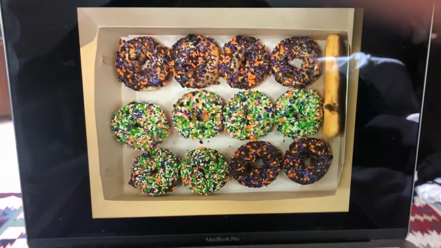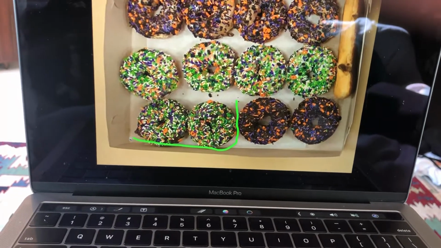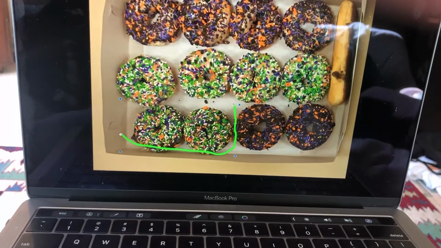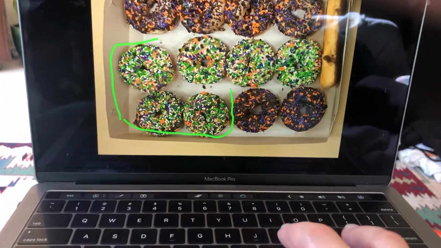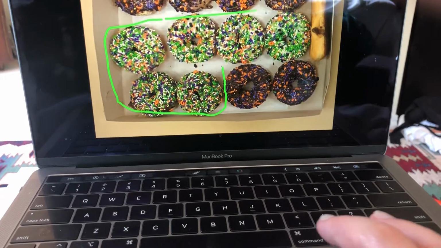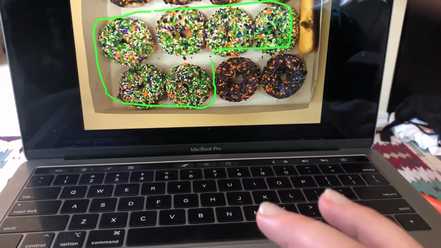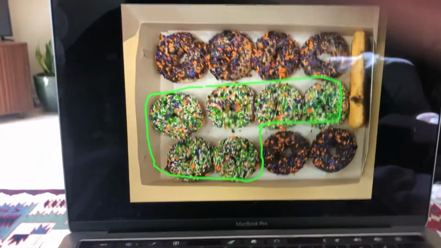I'm going to first think about how many green donuts there are. So I'm going to draw a group just around my green donuts. There we go. So now I have the grouping of just the green donuts.